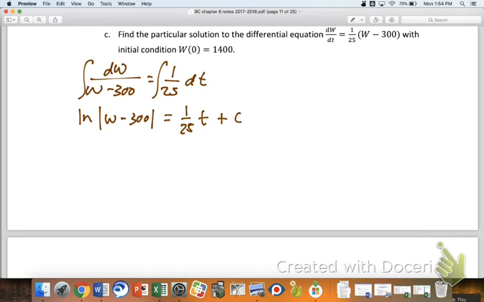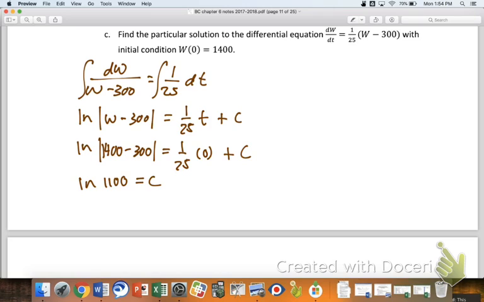My initial condition is W of 0 equals 1400, so that would be this. So clearly C is equal to natural log of 1100. Is this a calculator question, or do we just leave it as that?